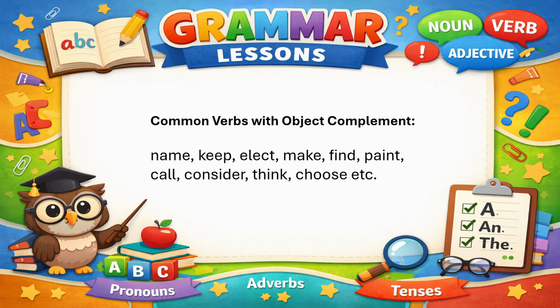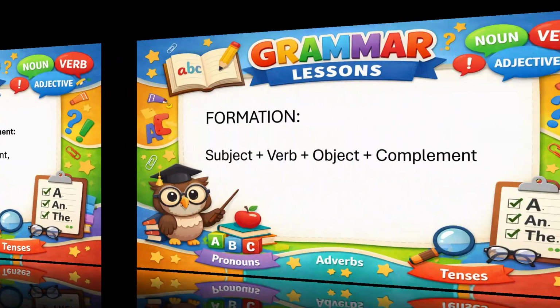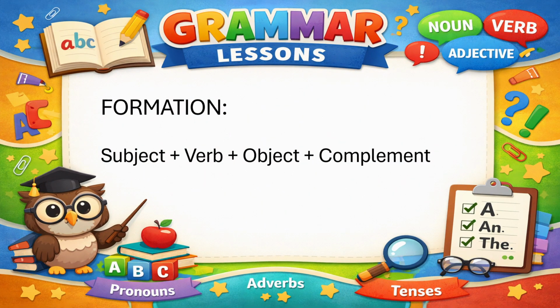If you want to know more about them, please refer to some best English to English dictionary. The formation is made in this way, that first of all we put subject, after that we use verb, then we use object, and finally we use complement.